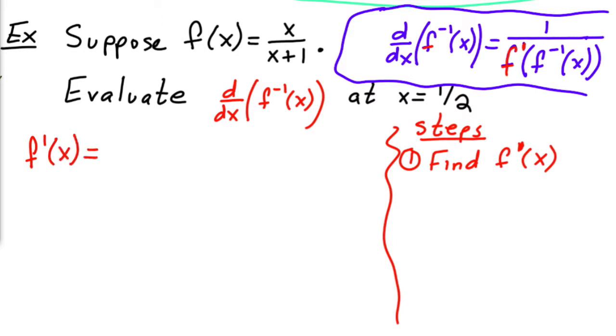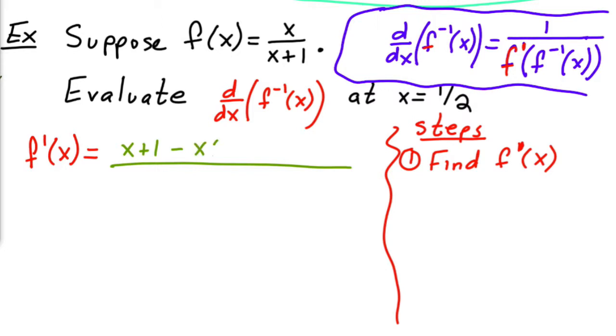So the derivative of this guy, notice we have to use the chain rule. Sorry, the quotient rule, because we're dividing. Okay, so if I use the quotient rule, I'm going to have 1 times x plus 1 minus the top, which is x, times the derivative of the bottom, which is just 1.